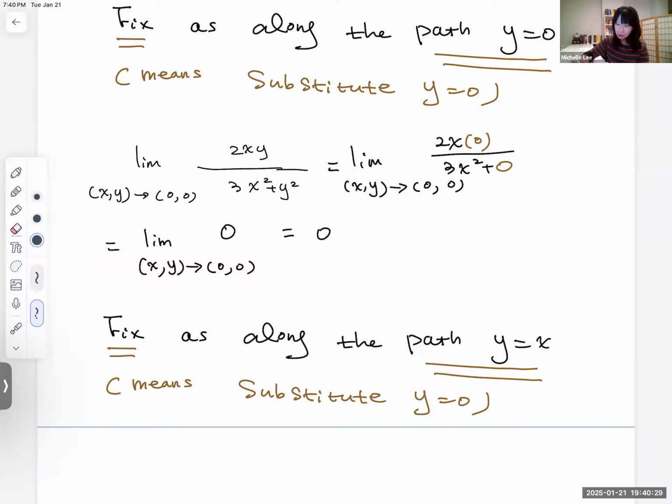All right, so y equal to x. Then substitute y equal to x everywhere.